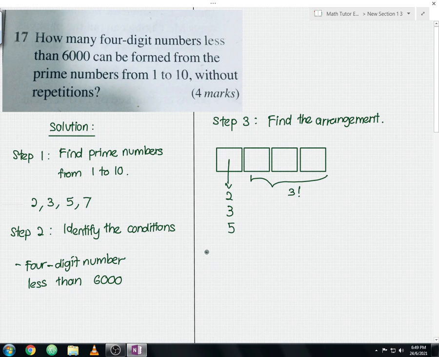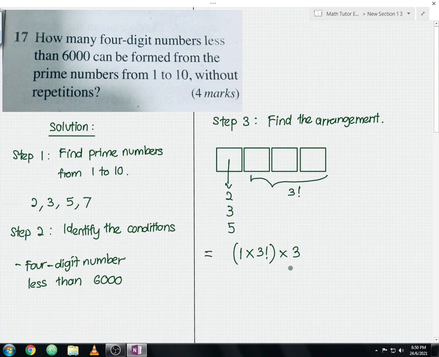So from here, whenever you choose a number over here, you can only have one outcome at a particular case. So 1, okay, and then you times with 3 factorial. Okay, and then you should times with 3 cases, since you have 2, 3 and 5, so which representing 3 outcomes, so you should times with 3 over here.